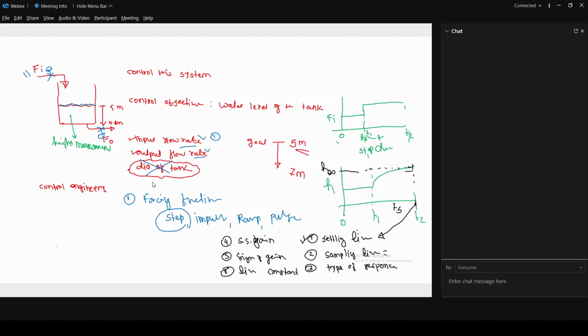Time constant is basically settling time divided by 5. This is a rule of thumb. I'm not going with very strict mathematical formulas. So sampling time is equal to settling time divided by 5.